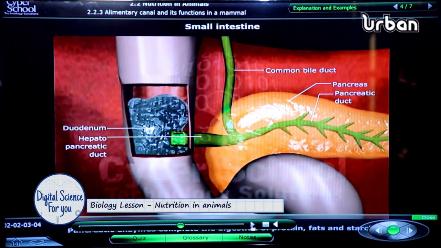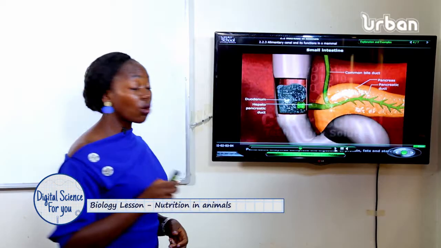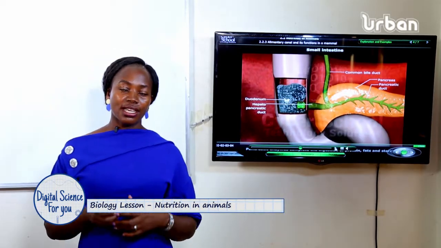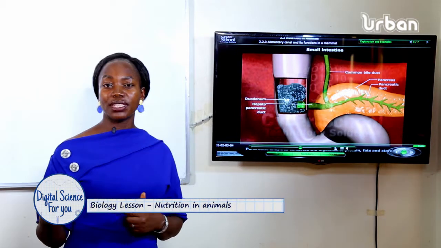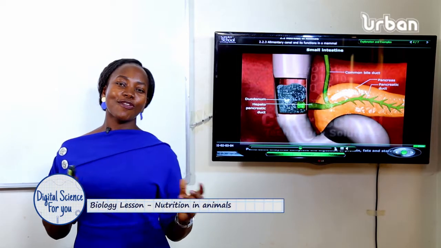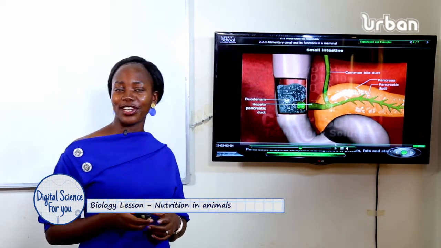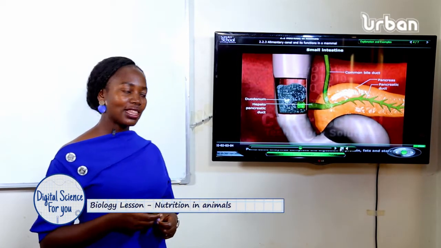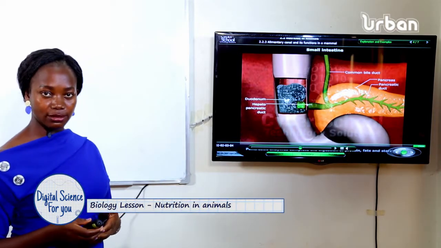Sodium hydrogen carbonate ensures that. Then the organic salt is for emulsification of lipids by breaking them down into small droplets that provide a large surface area for enzyme action. That is the role of bile.